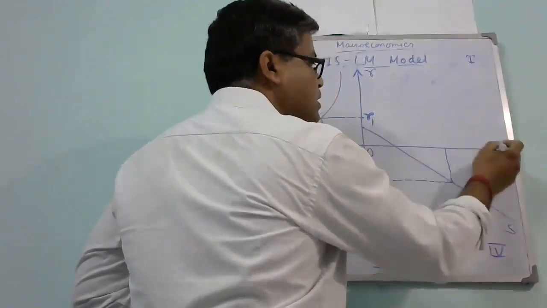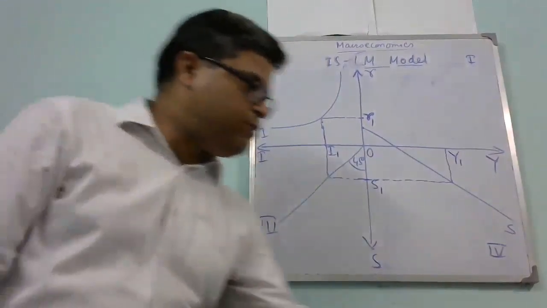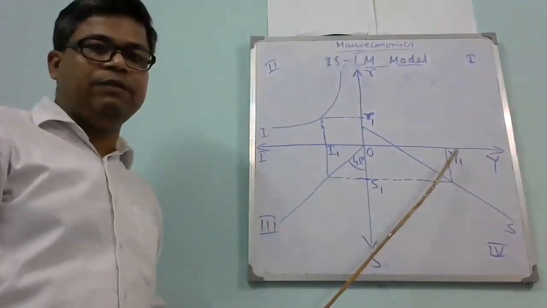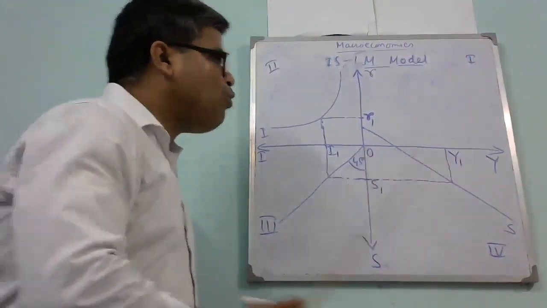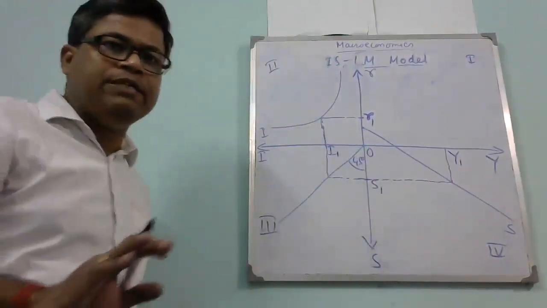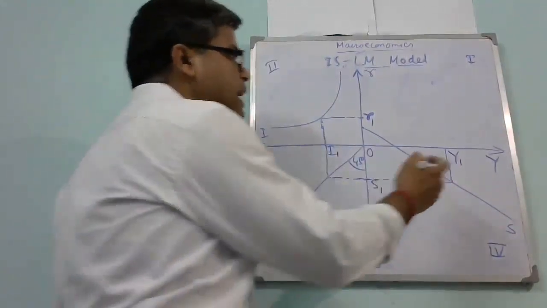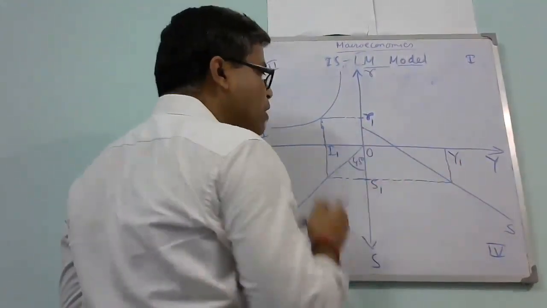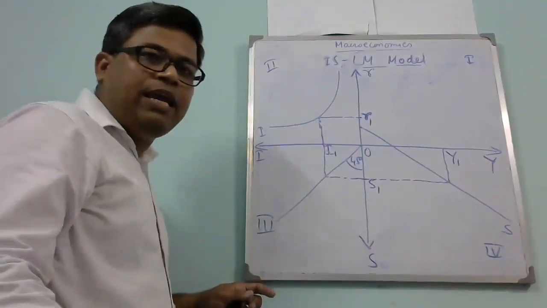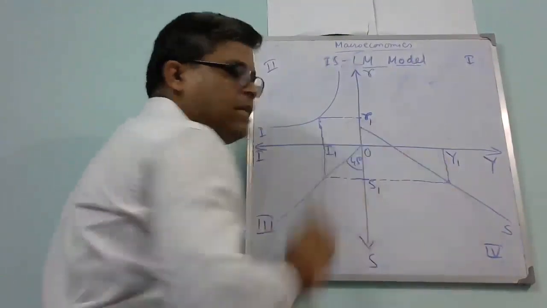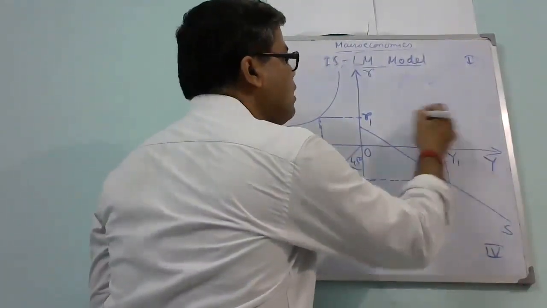It will hit this axis here. So OY1 amount of income is required for OS1 amount of savings. That means that for product market equilibrium, when the rate of interest is R1, the national income should be OY1.